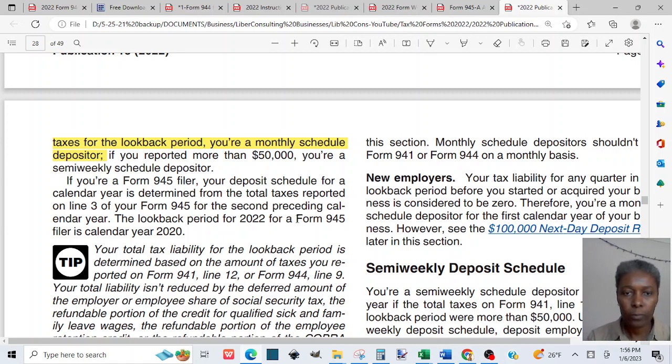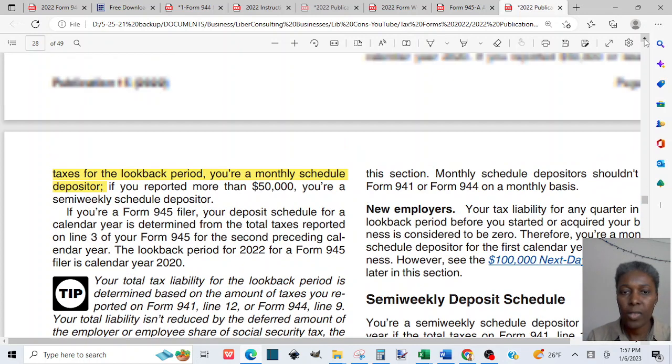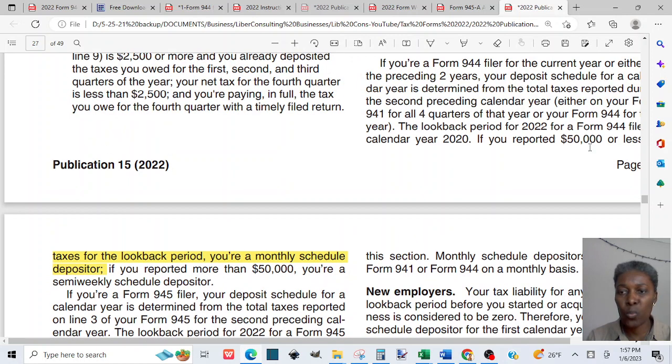But again, you are a monthly depositor if you reported $50,000 or less. So that $50,000 is included, you are a monthly schedule depositor. But if it's more than $50,000, then you are a semi-weekly depositor.